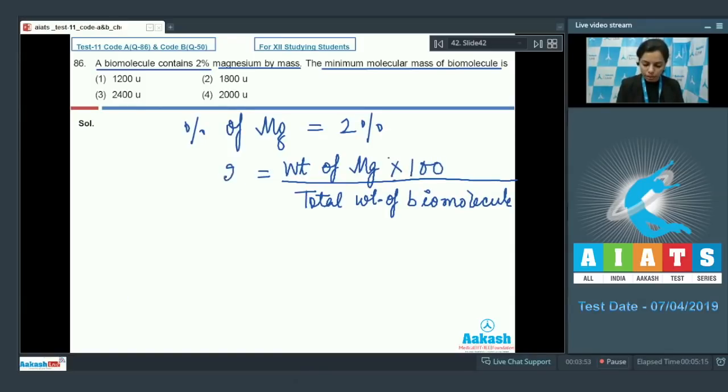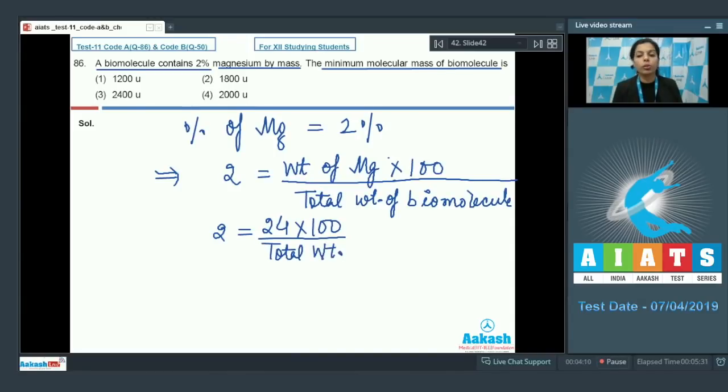We know that this percentage is 2%, that's why I can place it this way. So this 2 should be equal to the weight of magnesium, which should at least be 24, multiplied by 100, divided by the total weight of the biomolecule.